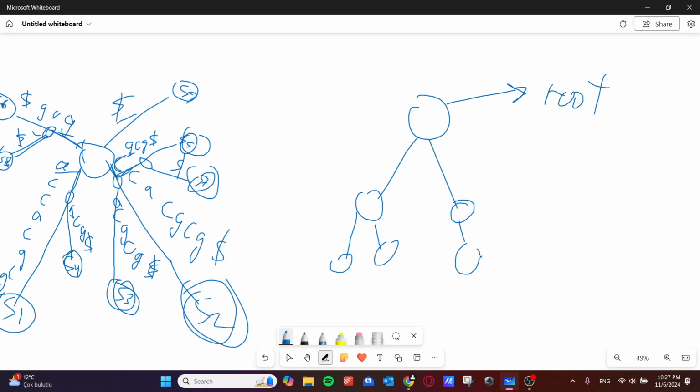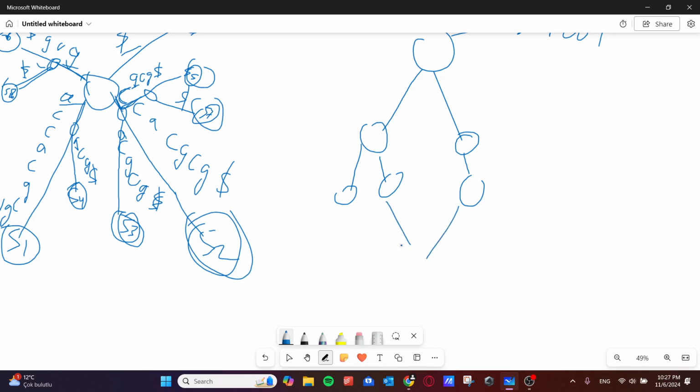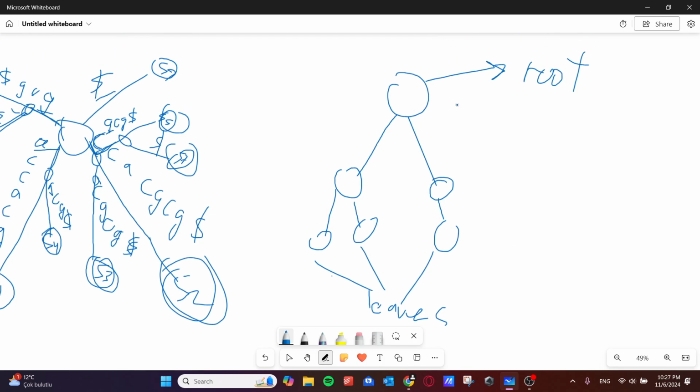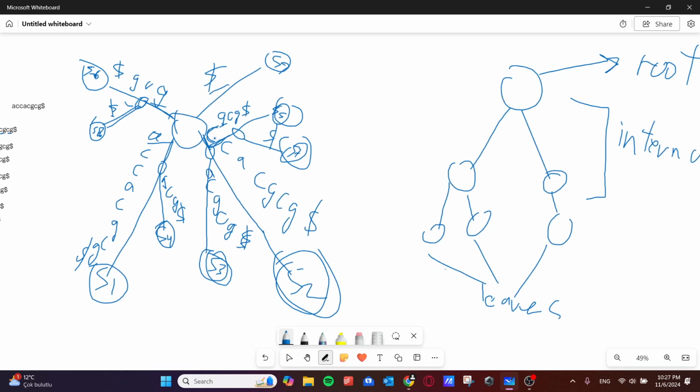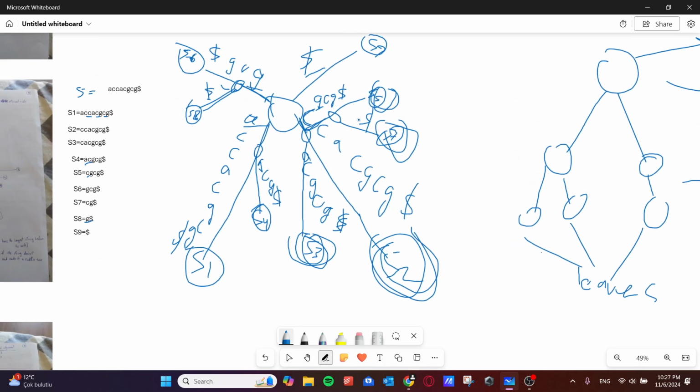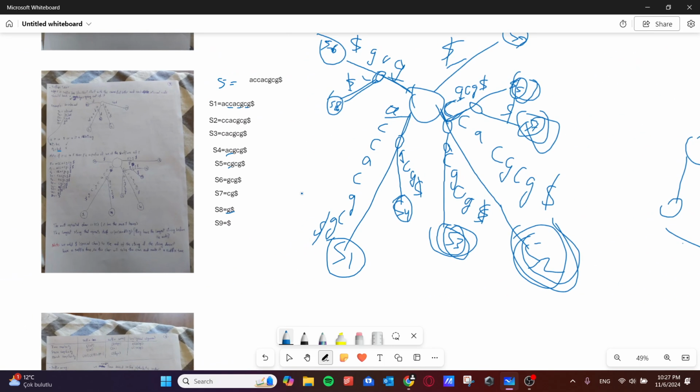The last ones are the leaves, and everything between the root and the leaves are internal nodes. So here C has four leaves: one, two, three, four, which is the most. That's why the most repeated character is C.